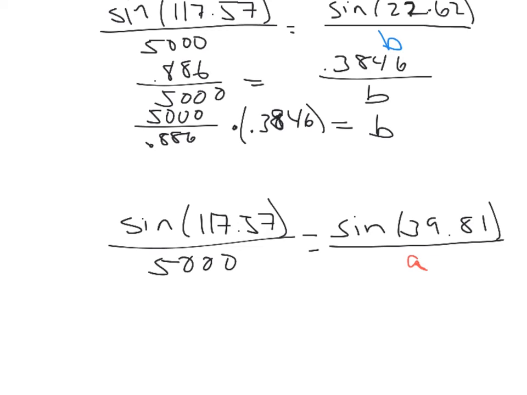So it's 5,000 divided by 0.886 times the sine of 22.62. So B equals 2169.4 pounds.